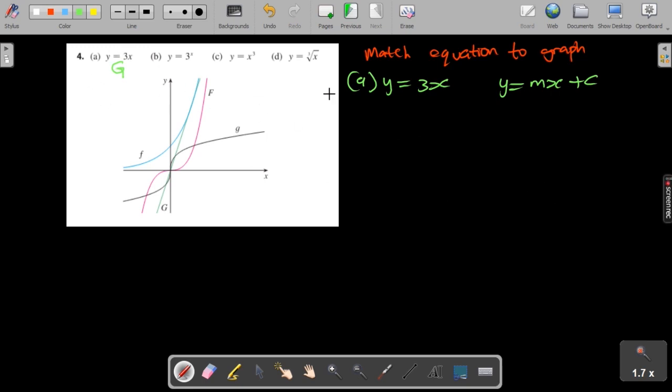And the next one is y equals 3 to the power x. That's an exponential function, and exponential functions would look like this or like this.